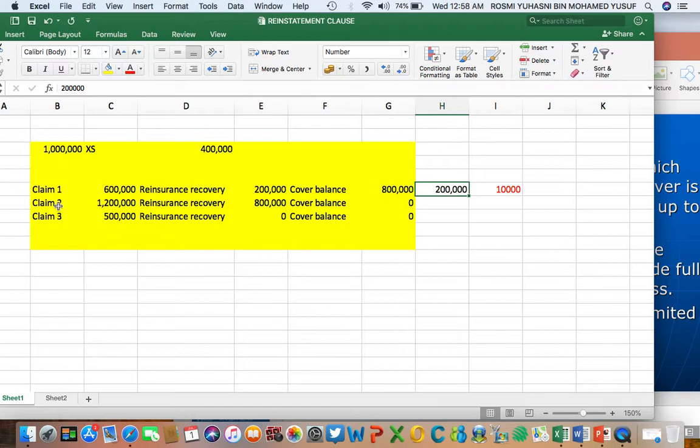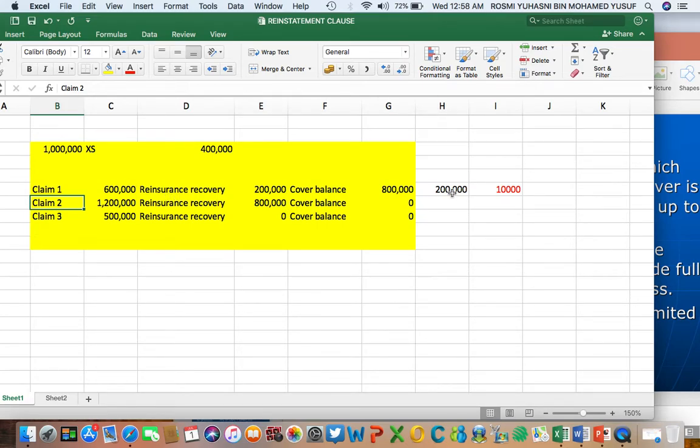Okay, so meaning that when there is claim number two, the cover is back to 1 million. If, let's say, no additional premium is paid here, for claim number 2 the cover available is only 800,000 because it has been reduced after claim number 1.